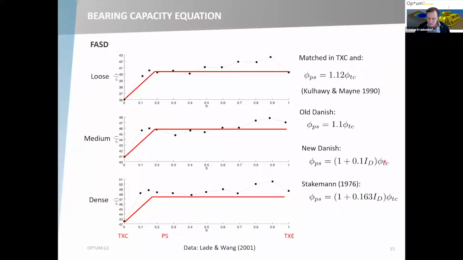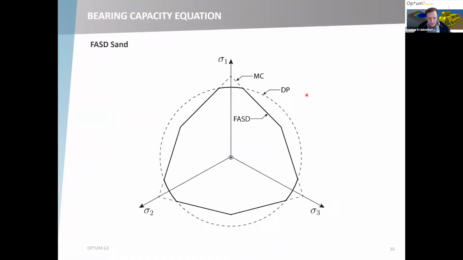Some of them are shown here. This is 1.12, which is what I've used here, one that I think fits the Lade data quite well. There are some that say it should be a function of the relative density or the density index as well. These results don't really seem to indicate that, but there's definitely a difference.